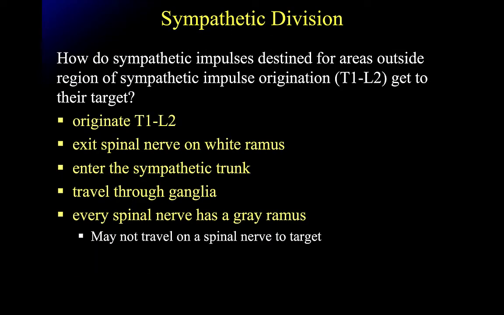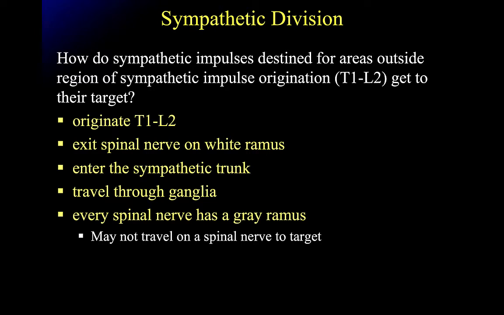So let's think about how impulses destined for areas outside of T1 to L2 actually get there. We want to think about a pathway here, and we're going to basically describe that pathway. We, of course, originate somewhere between T1 and L2. All of the sympathetic division signals originate in lateral horns from T1 to L2. We exit the spinal nerve on the white ramus.